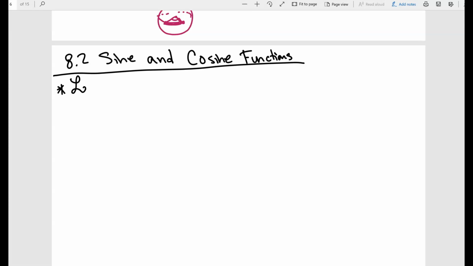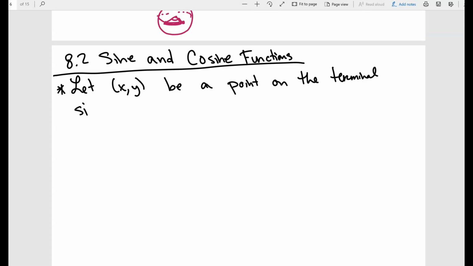So let x and y be a point on the terminal side of an angle of theta radians, okay, in standard position.